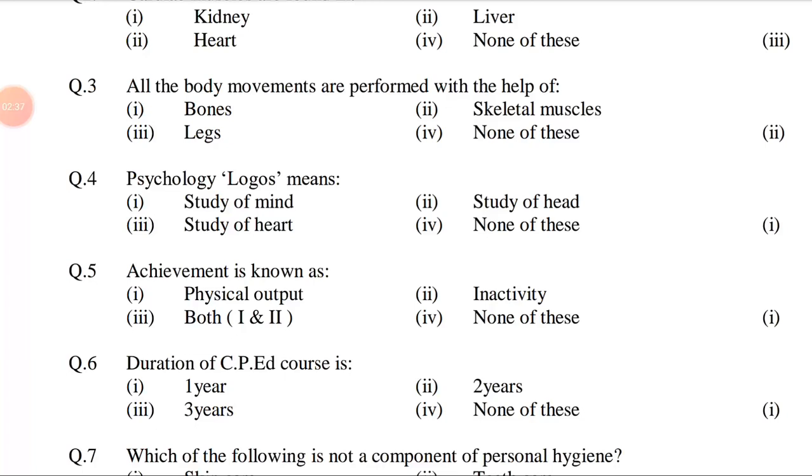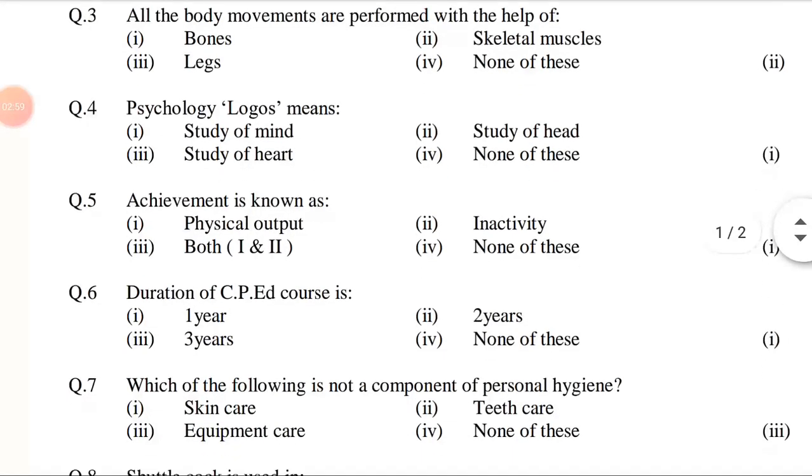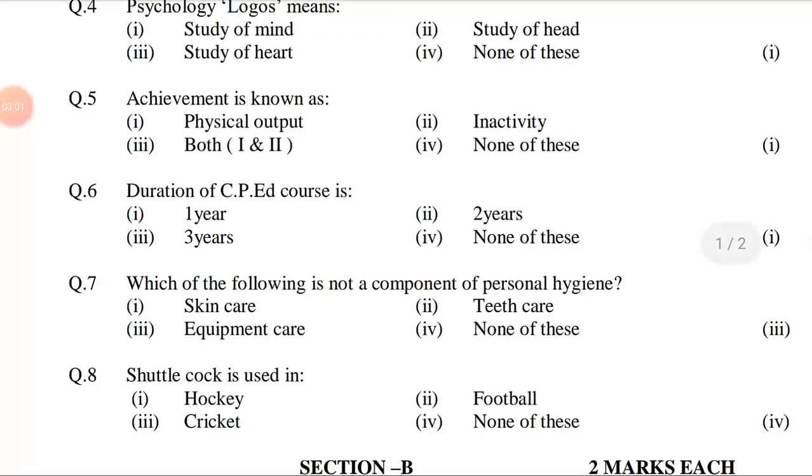Question number 6. Duration of CPED course is option first 1 year, option second 2 years, option third 3 years, fourth none of these. Answer is option first 1 year. Question number 7. Which of the following is not a component of personal hygiene?